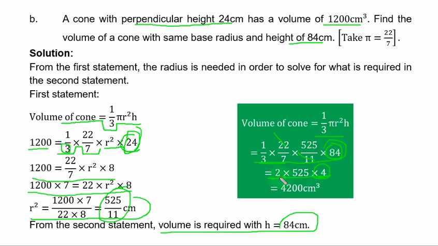So that 2 times 525 times 4 gives 4,200 cubic centimeters as the volume of the new or the second cone.